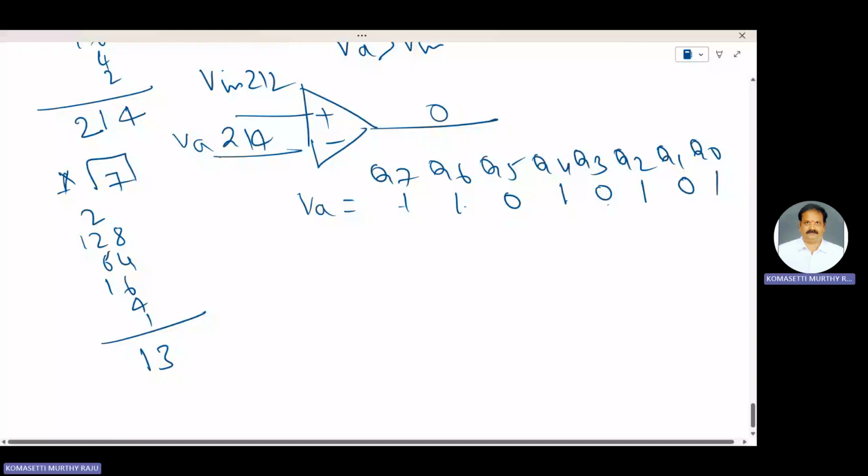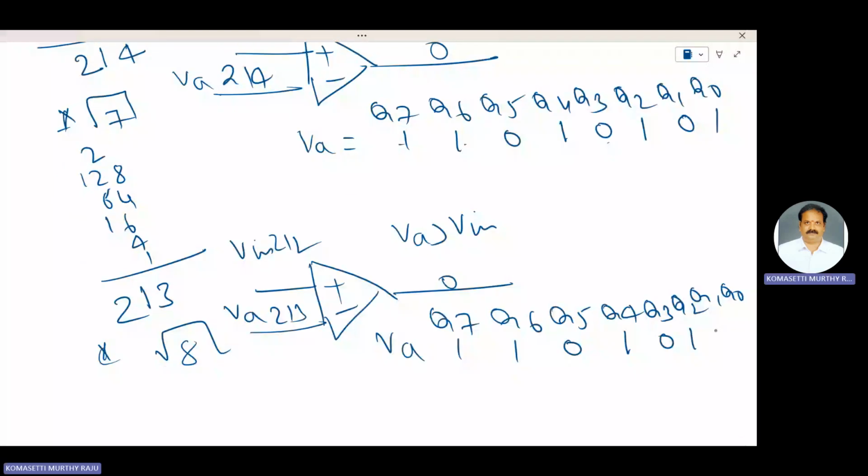Therefore, the new VA is equal to Q7, Q6, Q3, Q2, Q1, and Q0. This one is 1, 1, 0, 1. Here Q1 is the same. Q0 is 0.